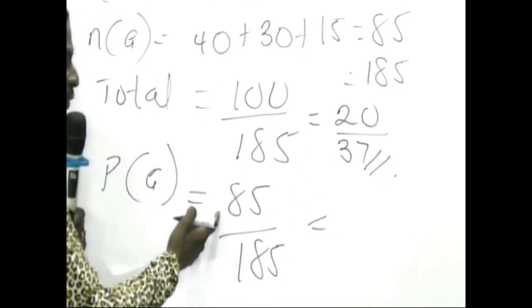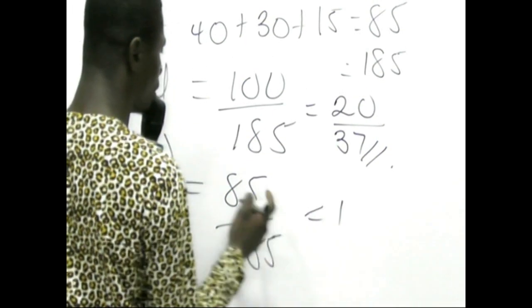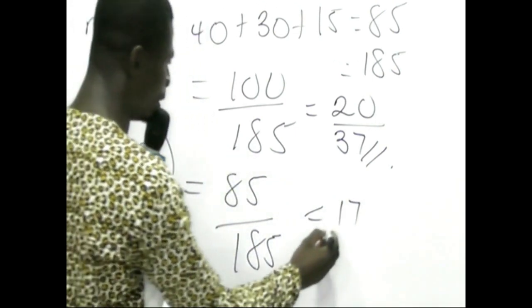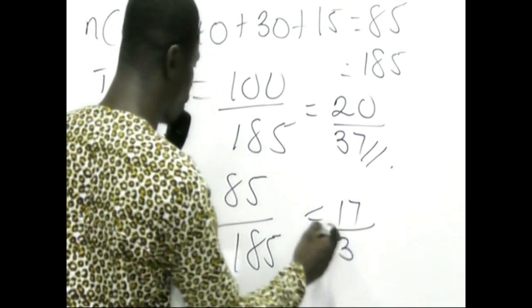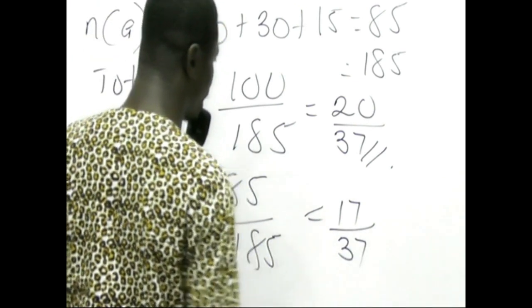And once again, 5 will go here. 5 will go to 8, 1, remember 3, 35, so we have 7. Then 5 will go into 18, we have 3, remember 3, so we have 37.